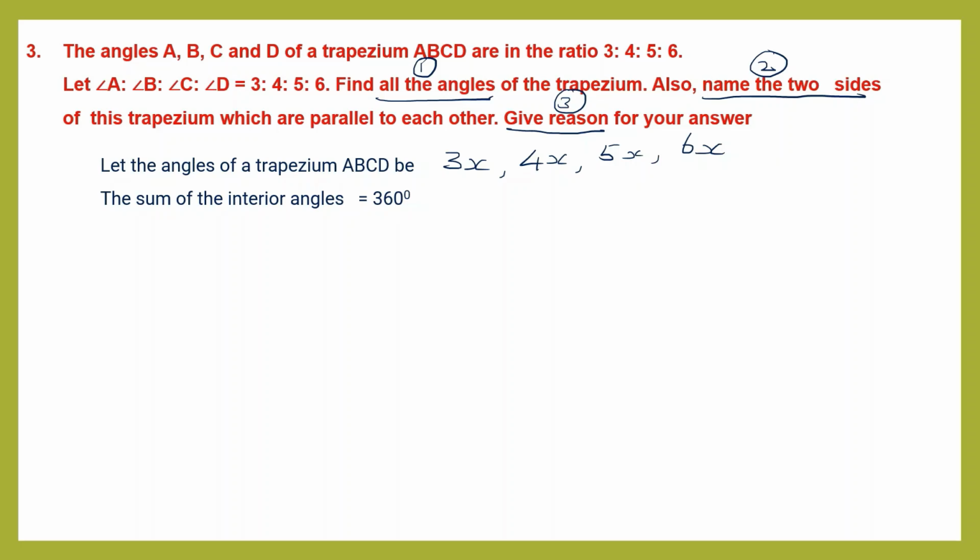That means if I add up all these, that is 3x plus 4x plus 5x plus 6x will be equal to 360 degrees. So let's add up all the x. So we have 3 plus 4 is 7, 7 plus 5 is 12, 12 plus 6 is 18. So we have 18x is equal to 360 degrees.